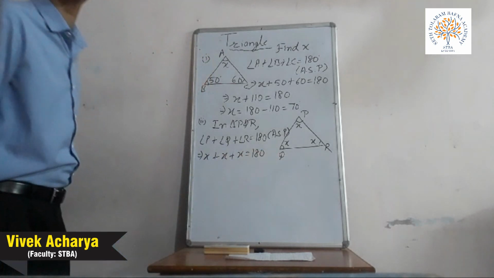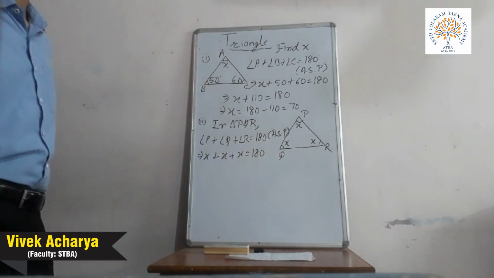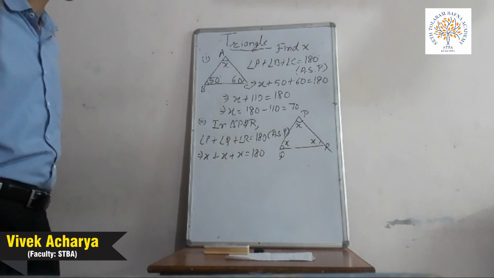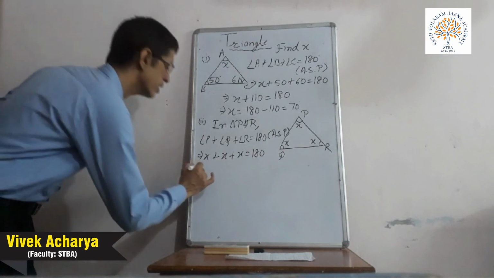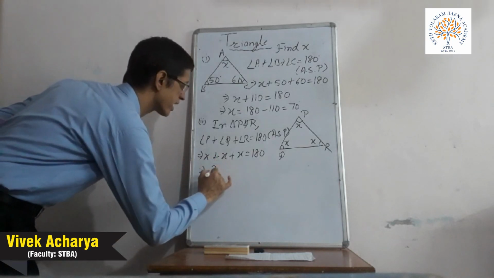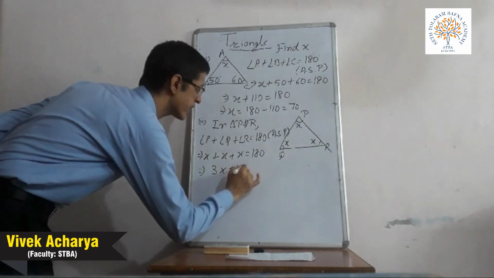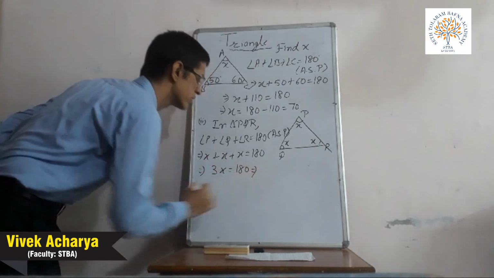So x plus x plus x equals 180 degrees. Adding, we get 3x equals 180.